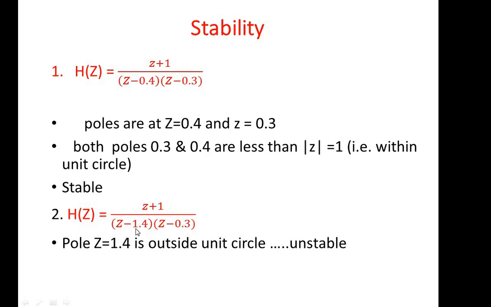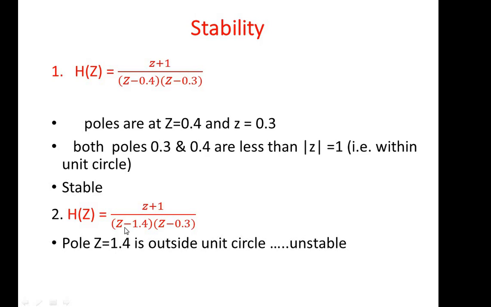Like in the second problem, one pole is at 1.4 and another pole is at 0.3. It is obvious that one includes the unit circle and the other one does not, because it is a causal sequence, so the ROC should be greater than 1.4.